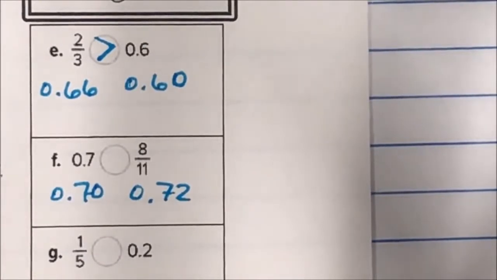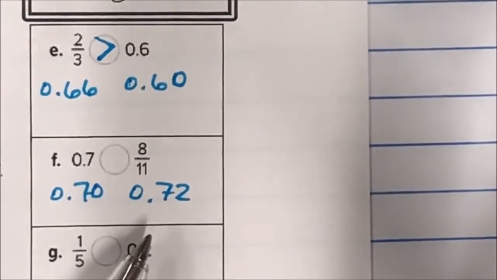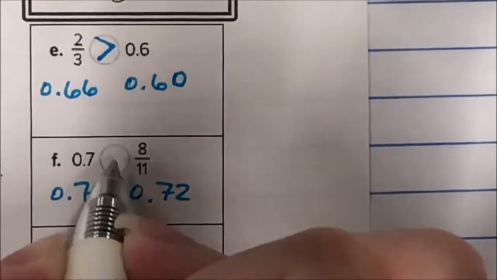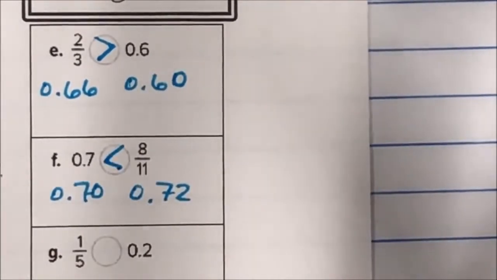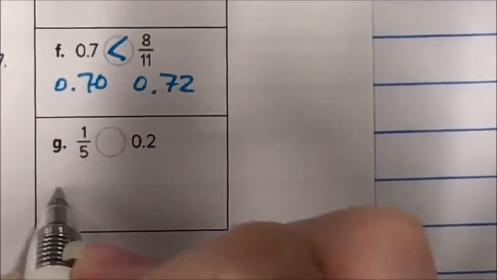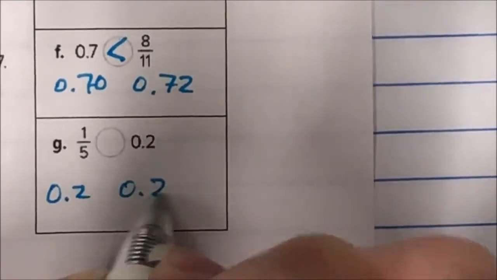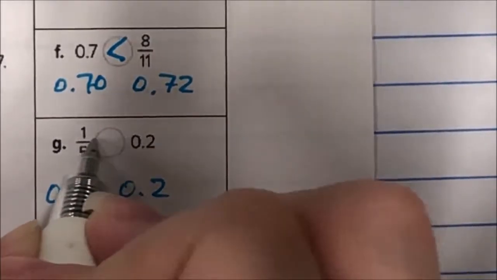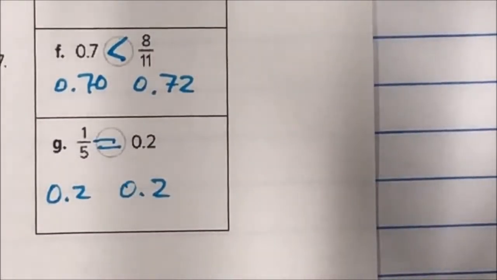So which one is bigger, 70 or 72? 72 is bigger, so it's a less than sign. 1/5 for G and 0.2. 1/5 is 0.2 and 0.2. These are the same. I don't have to annex a 0, but they're the same, so I'm going to have an equal sign.